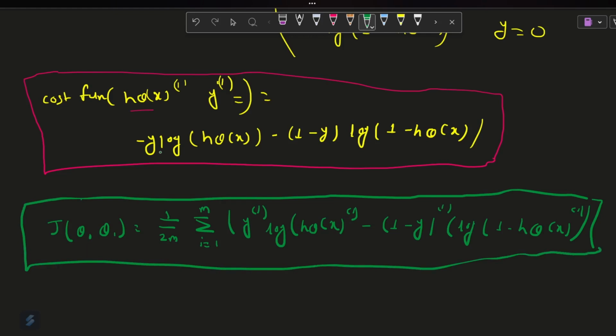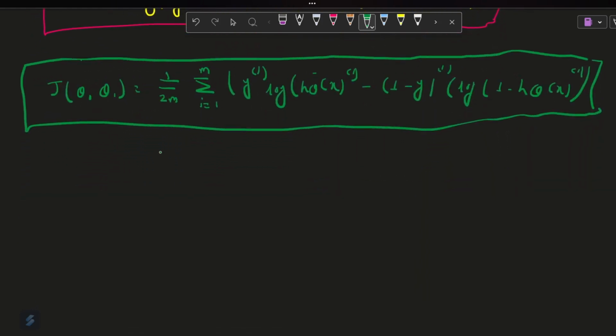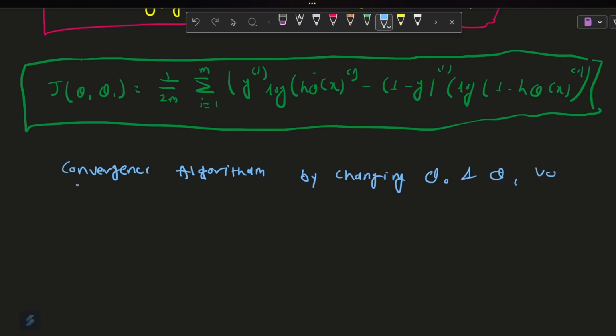To minimize the cost function we have the convergence algorithm, by changing the theta 0 and theta 1 values. The convergence algorithm looks like this: theta j is equal to theta j minus alpha times the derivative of the cost function. Alpha is basically the learning rate.